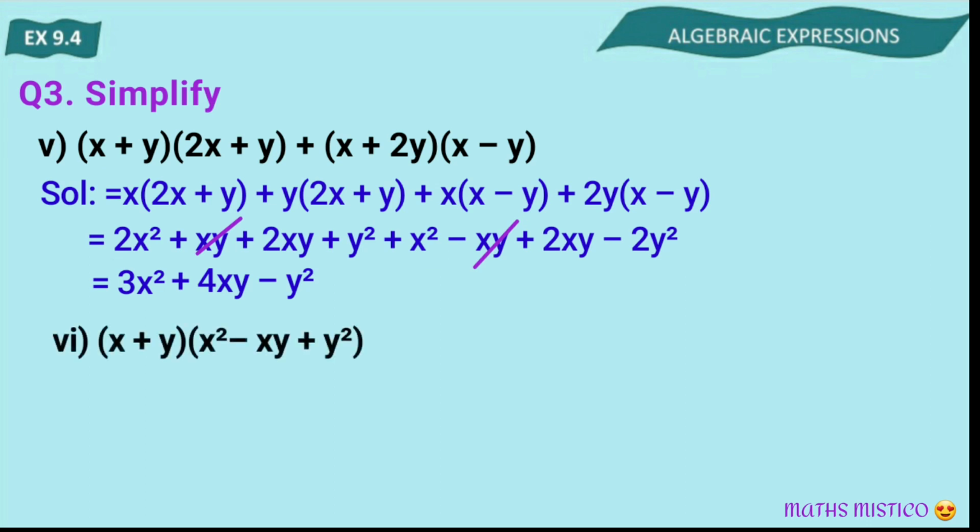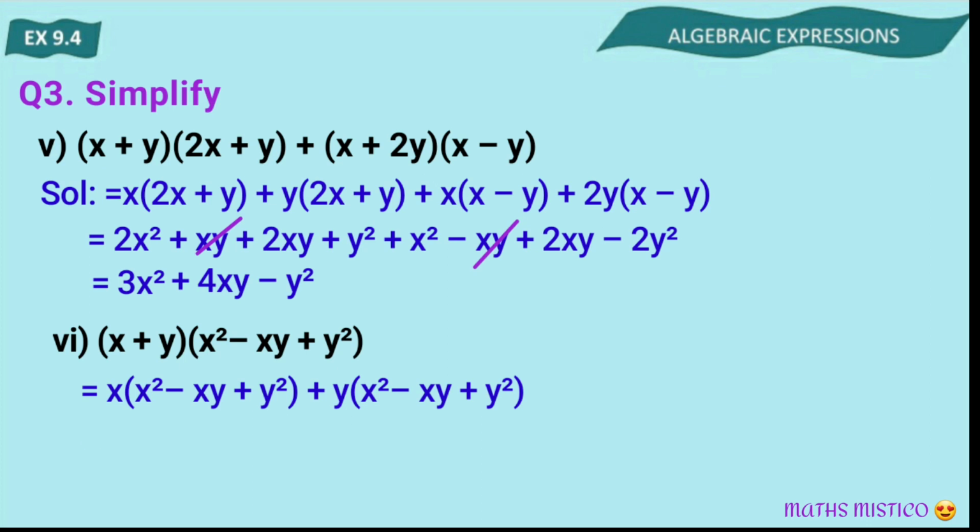In sixth part, one of the expressions is a trinomial, but the method remains the same. So x into second bracket plus y into second bracket. Now x will be multiplied by each of the 3 terms of the bracket.